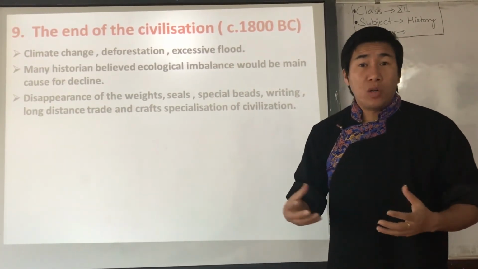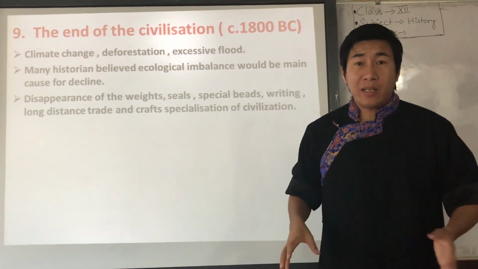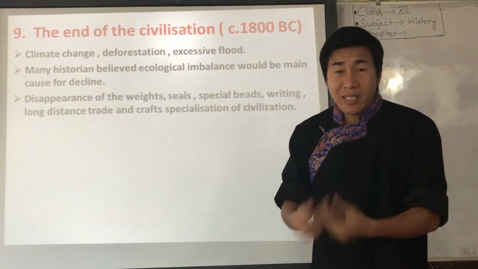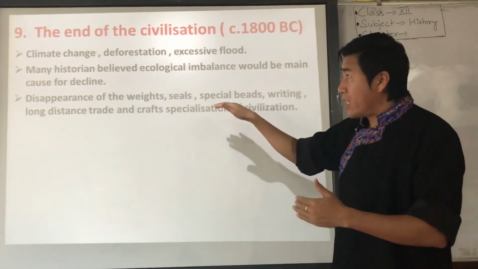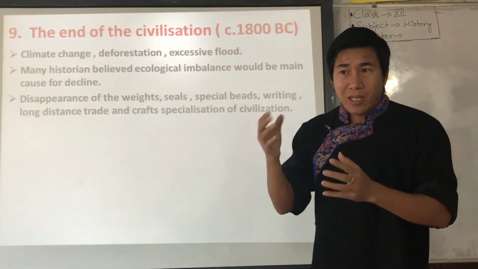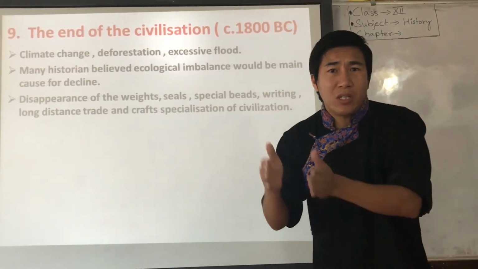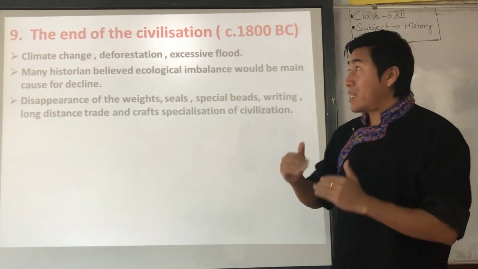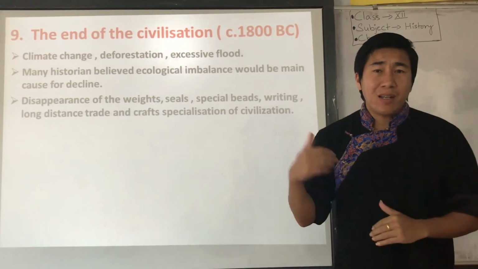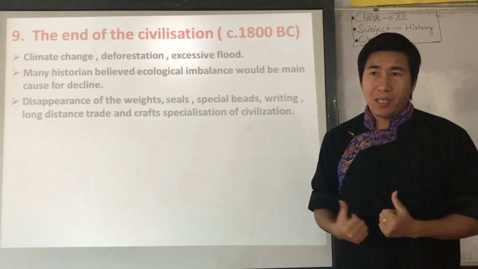It was not like the breaking of glass, instantly or immediately. The decline gradually started as all those skills they used to have deteriorated. So archaeologists assumed the decline started from circa 1800 BC.